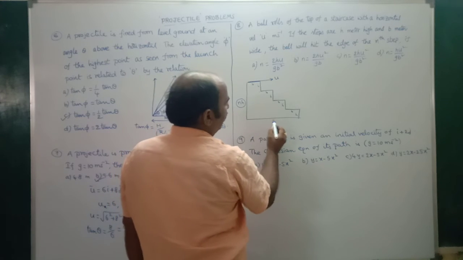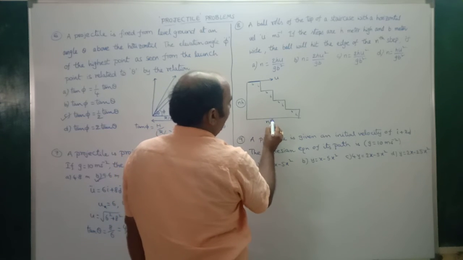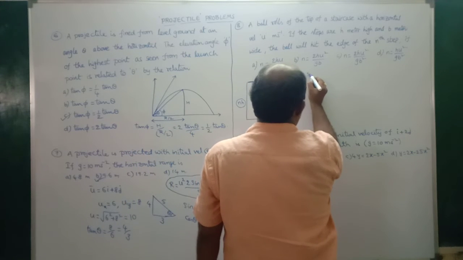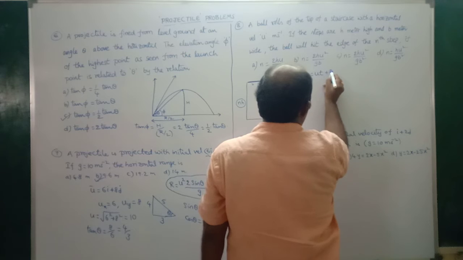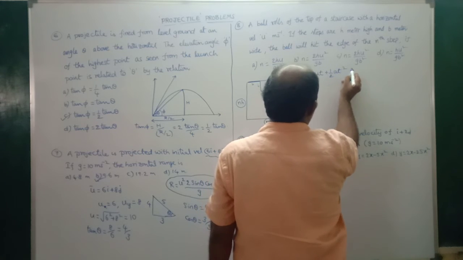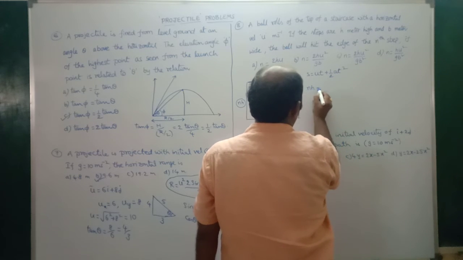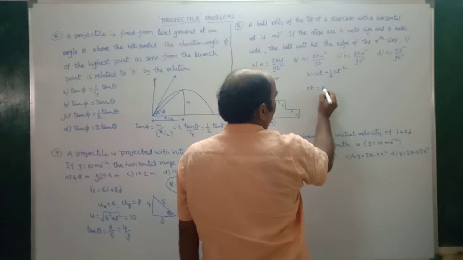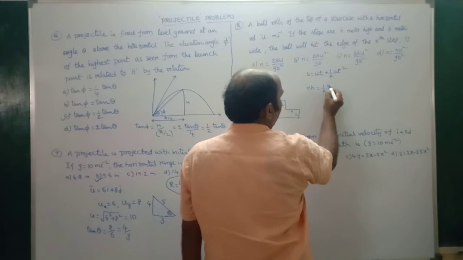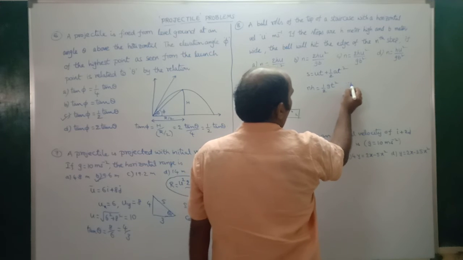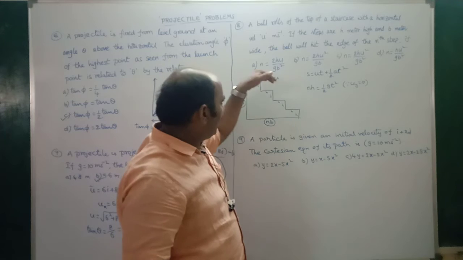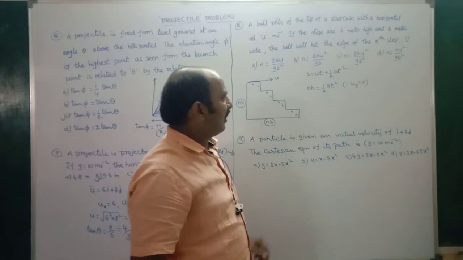And the width is n into b in the horizontal direction. Now by using the relation s is equal to ut plus half at square in the vertical direction, we get nh is equal to u, which becomes 0 in the vertical direction. So finally half into g t square. Since the vertical direction u value is 0, we write nh is equal to half g t square.